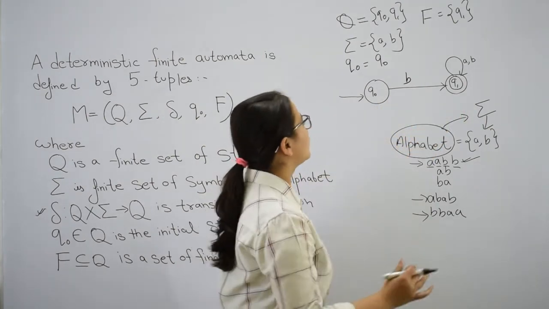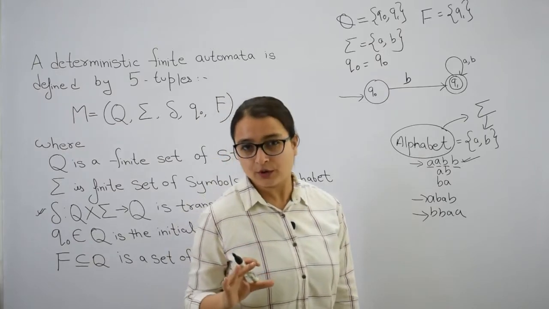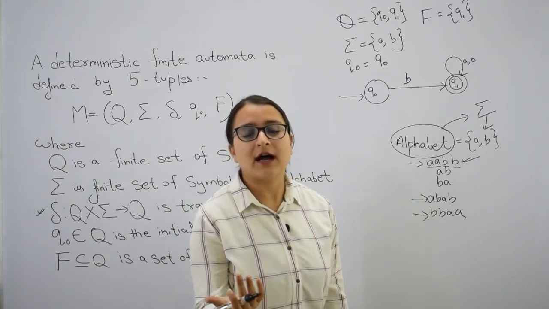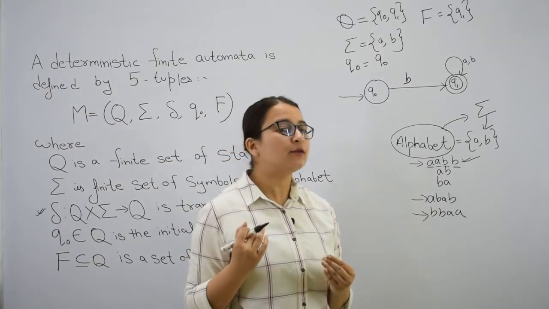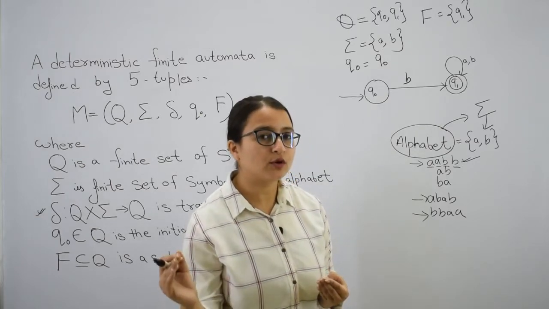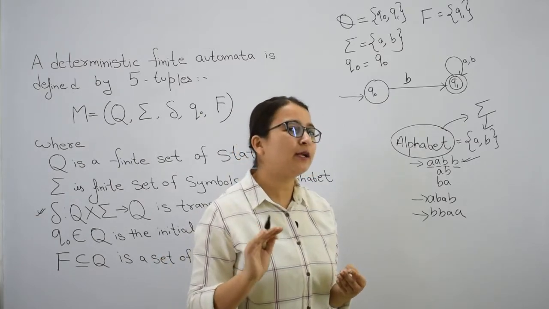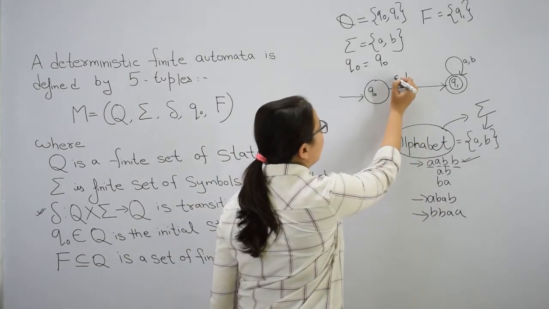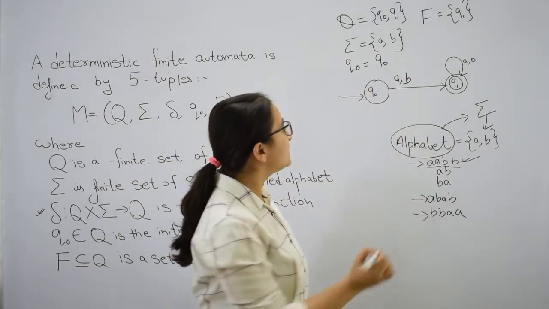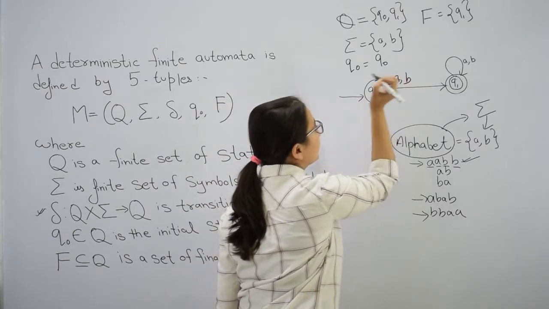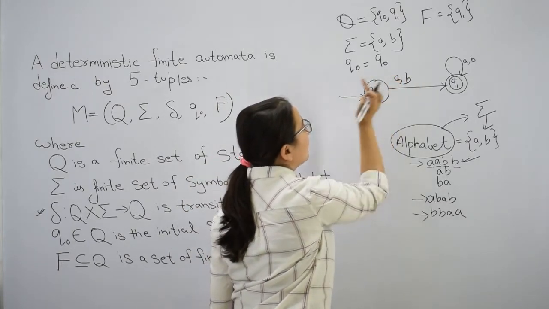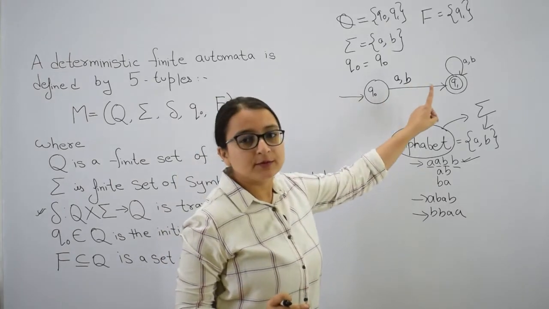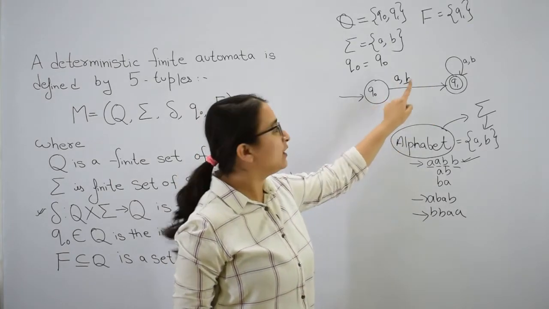Now suppose I want to say that if you are in a state Q0 and you receive input A, then move from Q0 to Q1, and also if you receive input B, then you also move from Q0 to Q1. That thing I can write like this. This means that in both cases, when input is A and when input is B, you are in Q0, you get input A, you go to Q1.